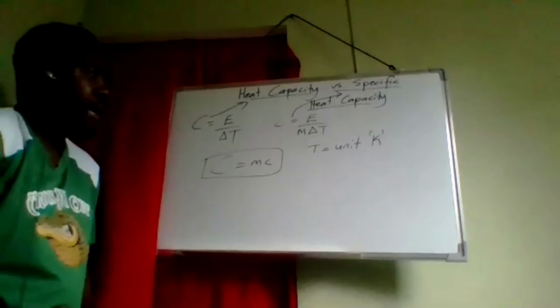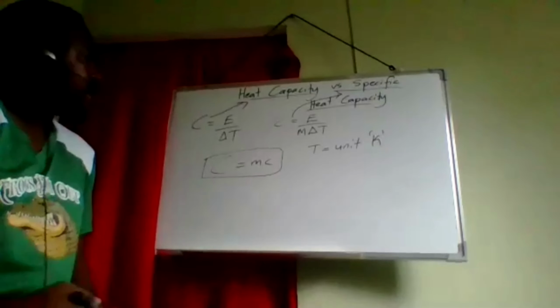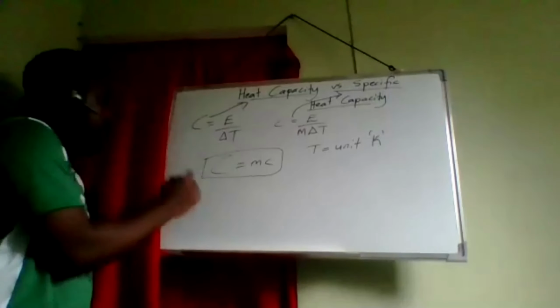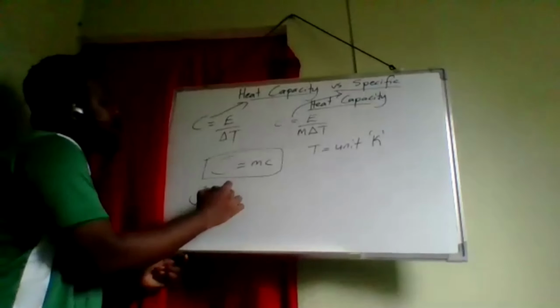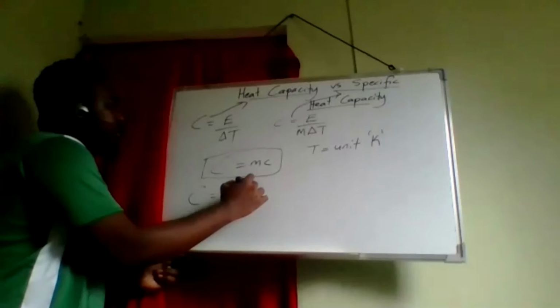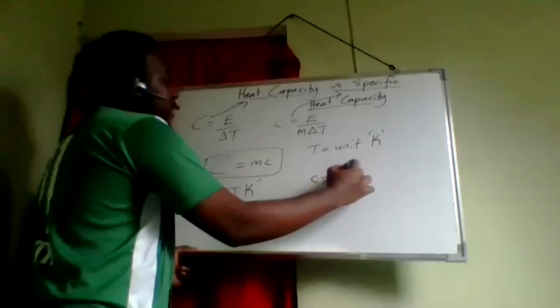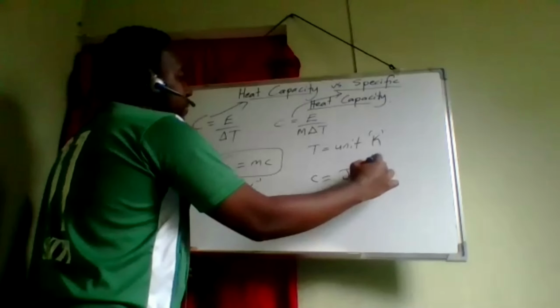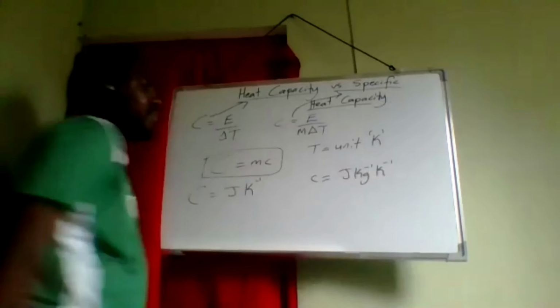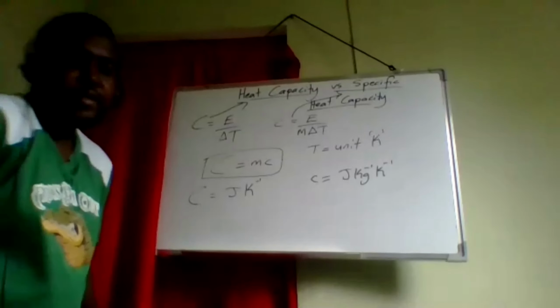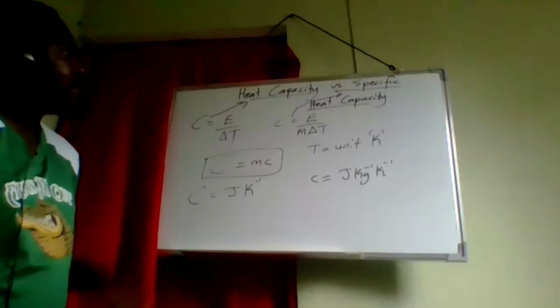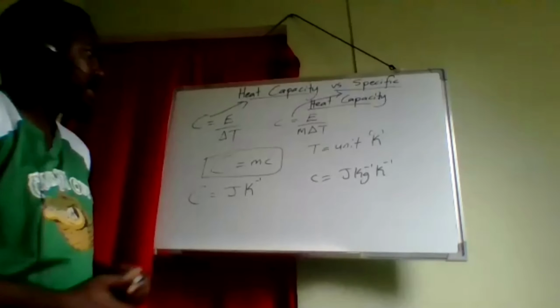So we always have our units in Kelvin. So the unit of capital C here is joule per Kelvin. And for common c, the unit is joule per kilogram per Kelvin. Right? So these things are important between both quantities.